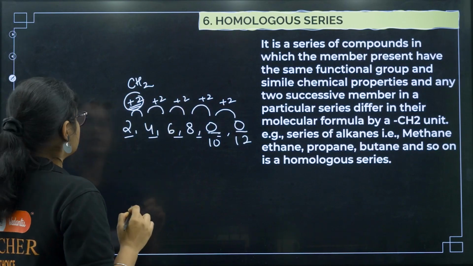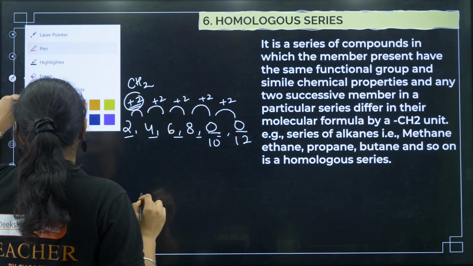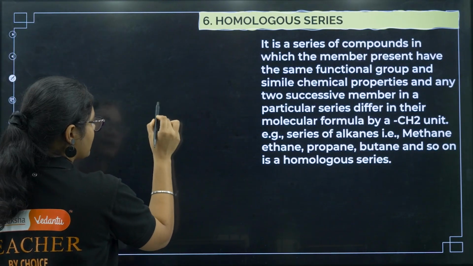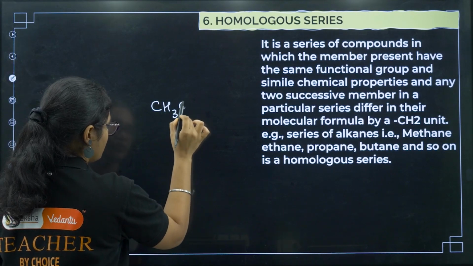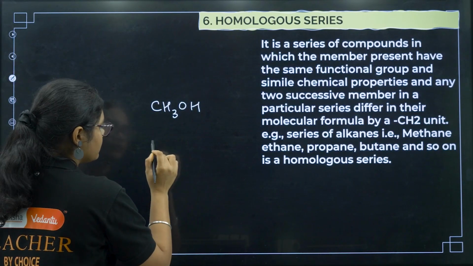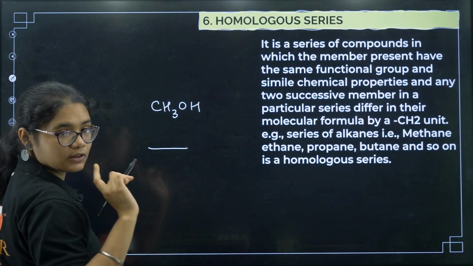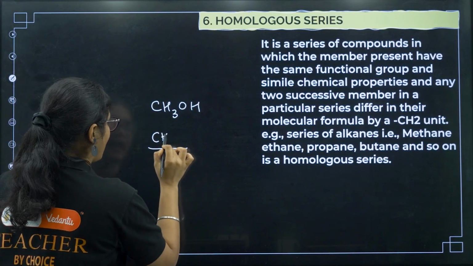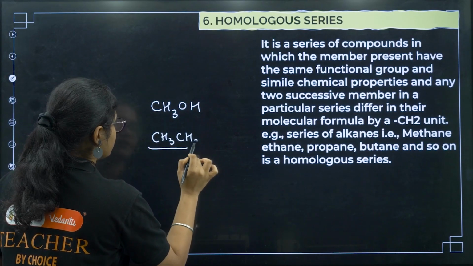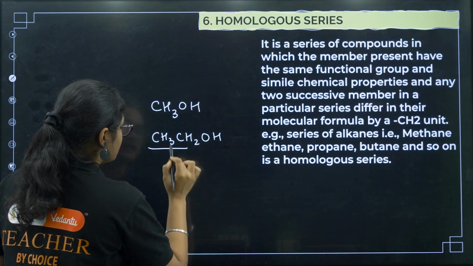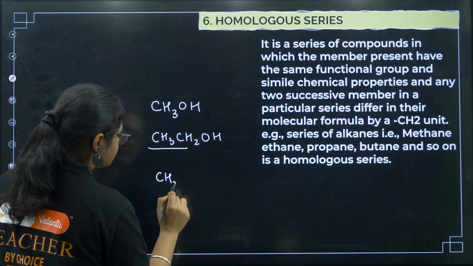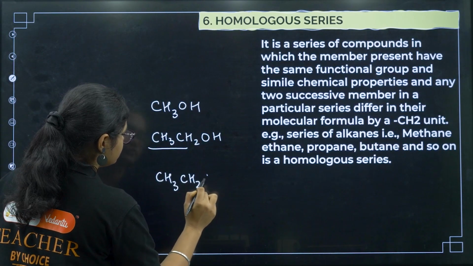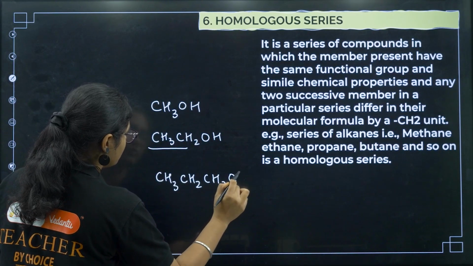For example, I wrote one compound, CH3OH. I want to write the next member of this series. The only thing I need to do is add a CH2 group here. If I want to write the next member, it is CH3CH2OH.